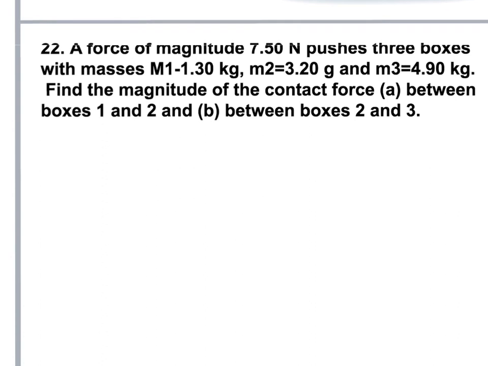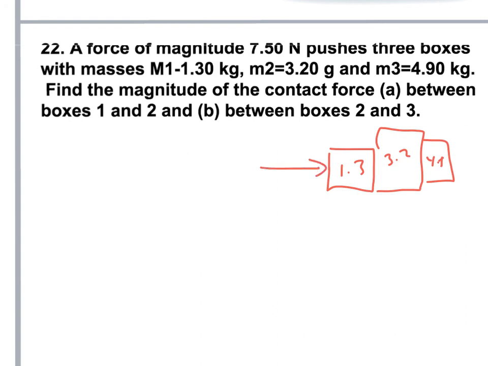So we're going to look at an example of a problem that we want to solve here. We have three boxes here. This one's 1.3 kilograms, this one's 3.2, and this one is 4.5, and the applied force is 7.50 newtons.